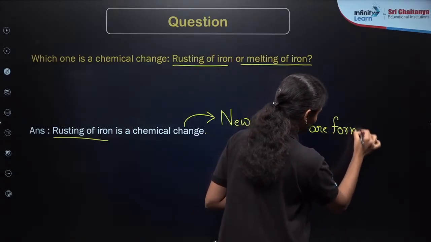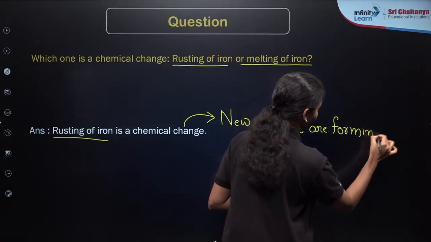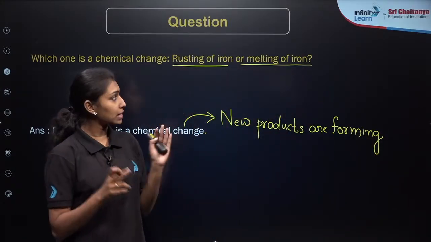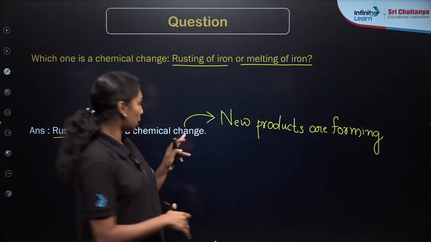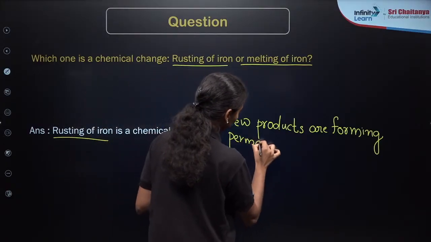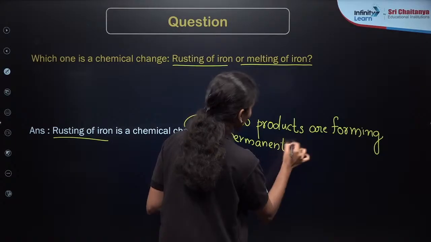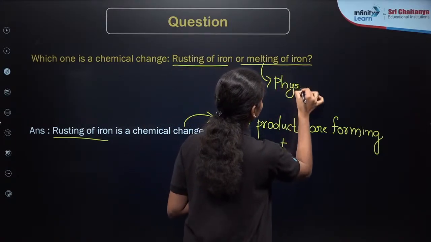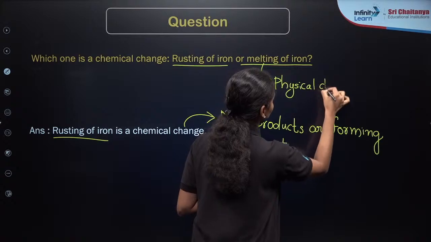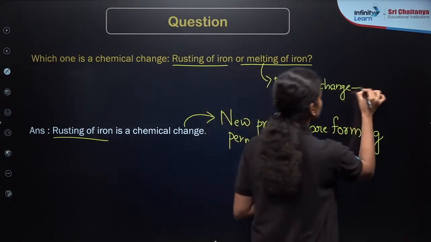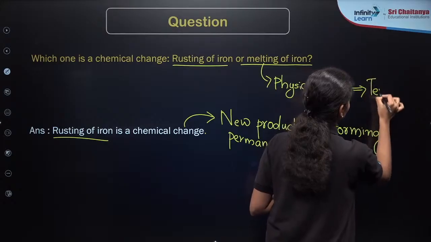But in the case of physical change, such as melting of iron, no new products are forming, there will be only a change in the physical state and it can be reversible, right? So chemical change is permanent, while physical change will be temporary. It can be reversible. Clear?